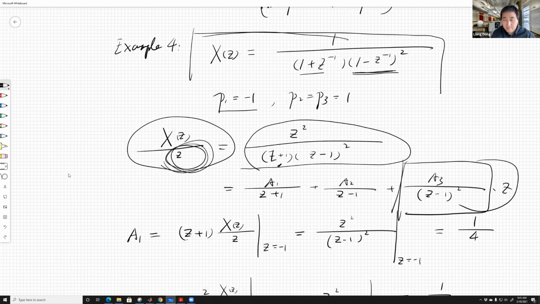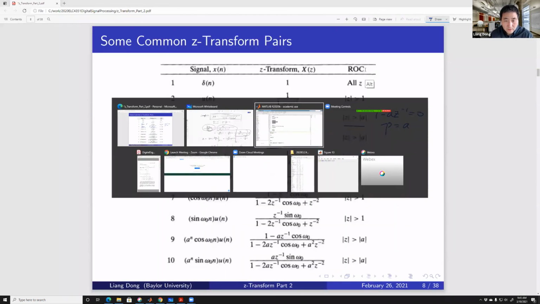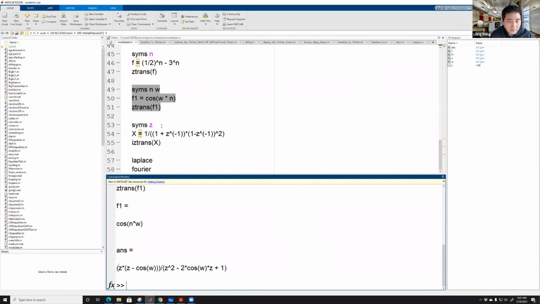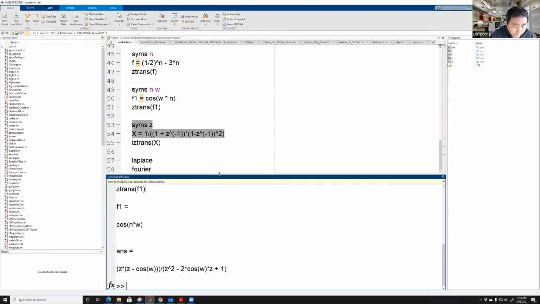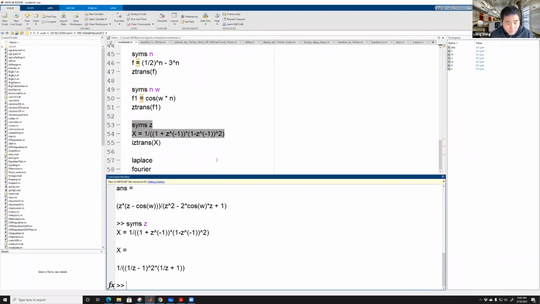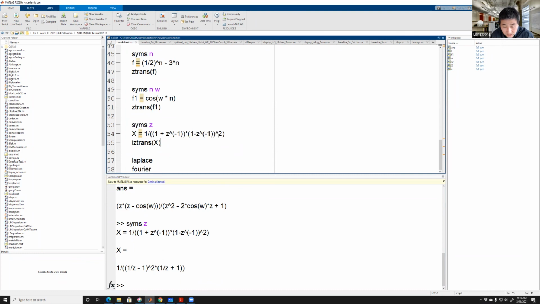Now let's check that in Matlab. Remember that it's 1 over (1 plus z to the power -1) times (1 minus z to the power -1) squared. In Matlab, I write the system capital X as 1 over (1 plus z to the power -1) times (1 subtract z to the power -1) squared.